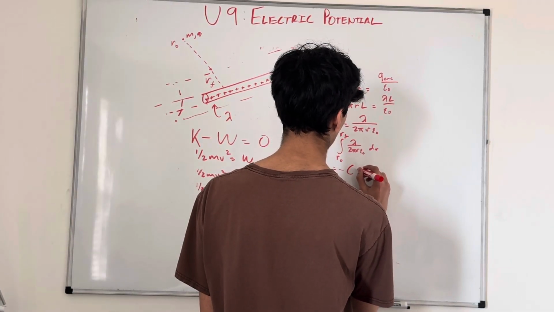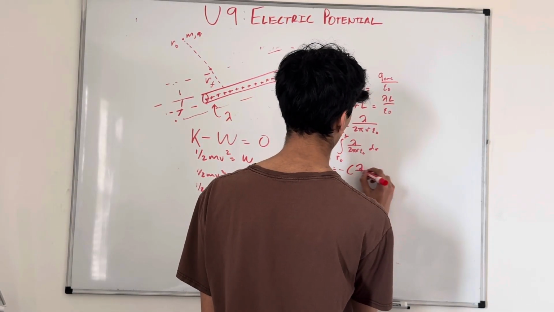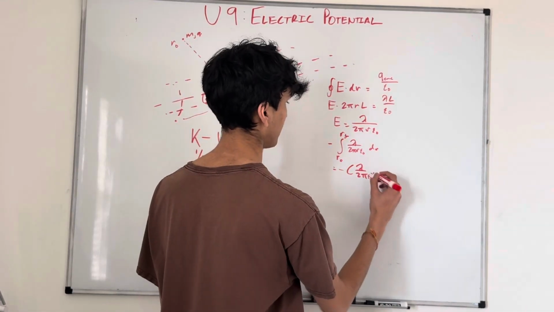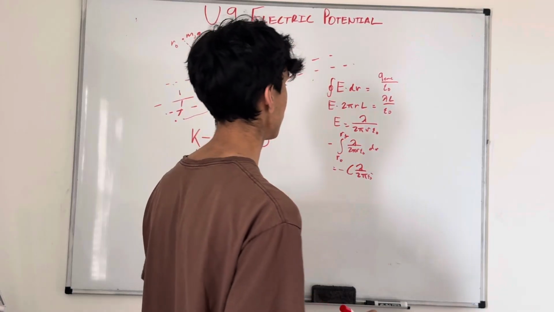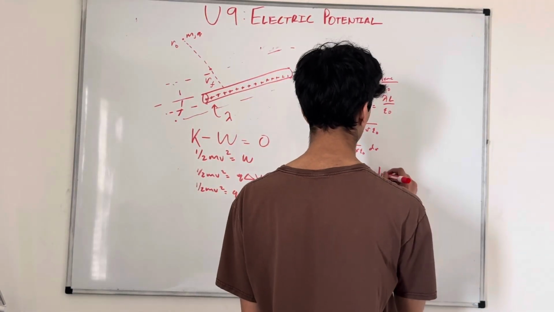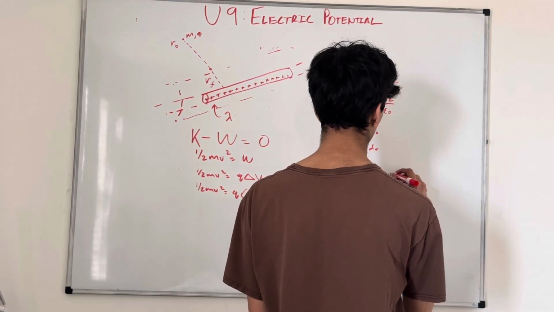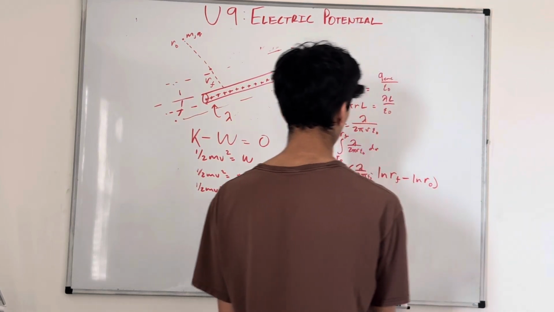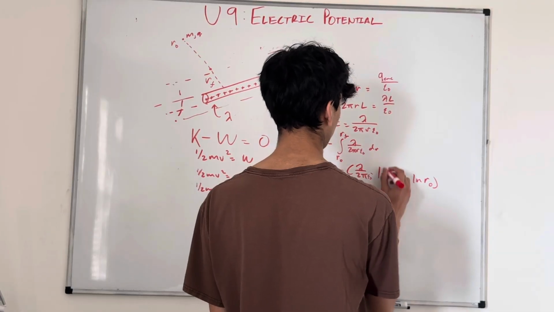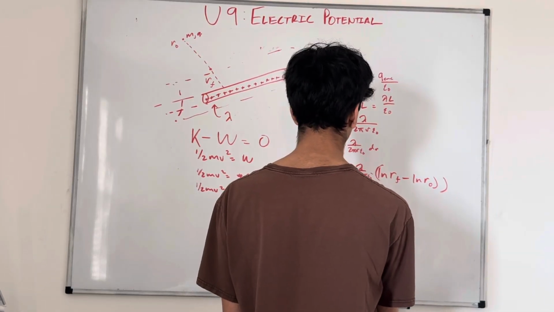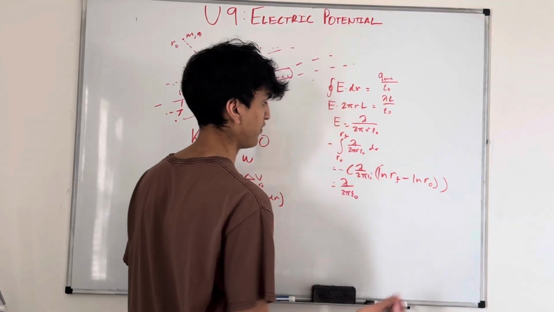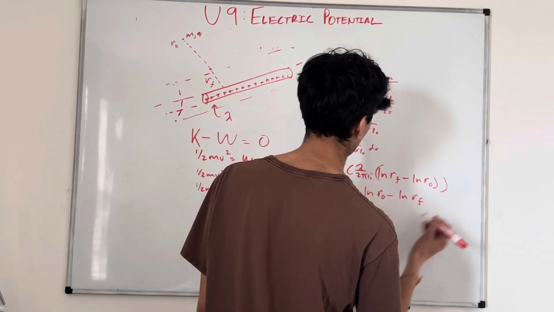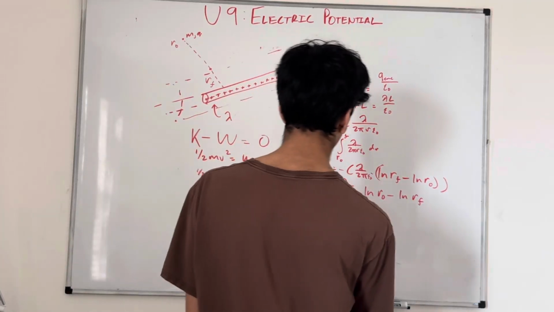We could pull out the lambda over 2 pi epsilon naught times ln r final minus ln r initial. Distribute the negatives, I get lambda over 2 pi epsilon naught, and then ln r initial minus ln r final.